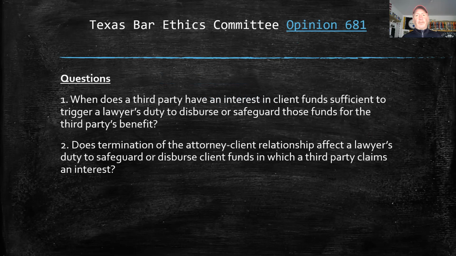Number one, when does a third party have an interest in client funds that's sufficient to trigger the lawyer's duty to safeguard those funds for the third party's benefit? And number two, does the termination of the attorney-client relationship affect a lawyer's duty to safeguard client funds in which a third party is asserting an interest?